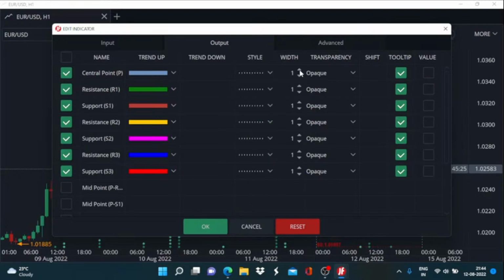All right, we can increase the width, so we will have the plotting in a more prominent manner. The transparency can also be adjusted: we keep the central point more prominent, and the rest of it can be reduced.